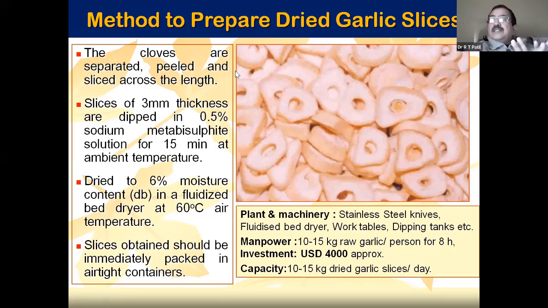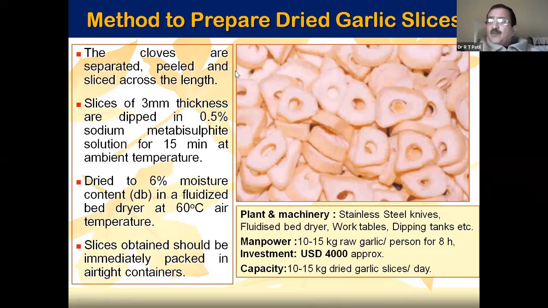That is why they don't get further dried up or evaporated as we see in garlic bulbs, and they can be kept for a long time and are very easy to use.